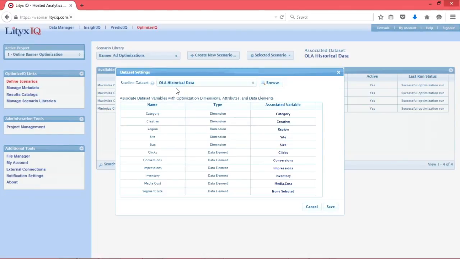So you may have noticed as I was in the data manager, the data set was called OLA, historical data. So we're connecting into that here in the Optimized IQ platform and associating the various dimensions and pieces of data in our optimization problem with variables from that data set. Okay, so everything's driven from this data set that we looked at.